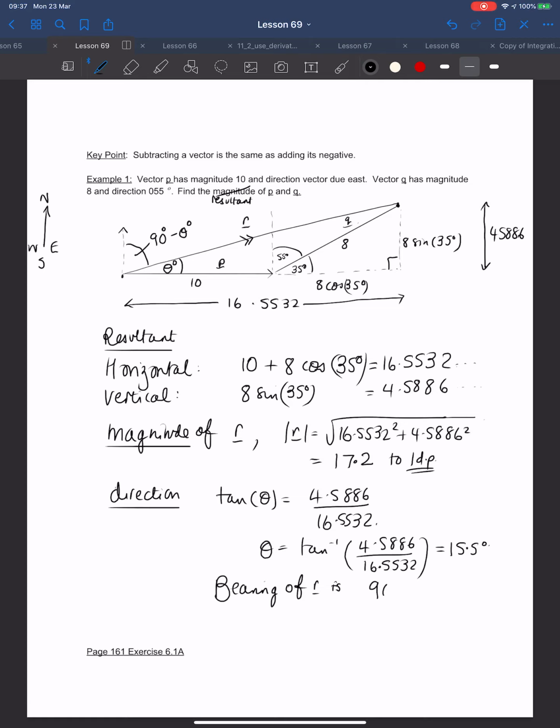So it's 90 minus 15.5, which is 74.5. In bearings, you put a 0 in front if it's less than 100, so 074.5 degrees.